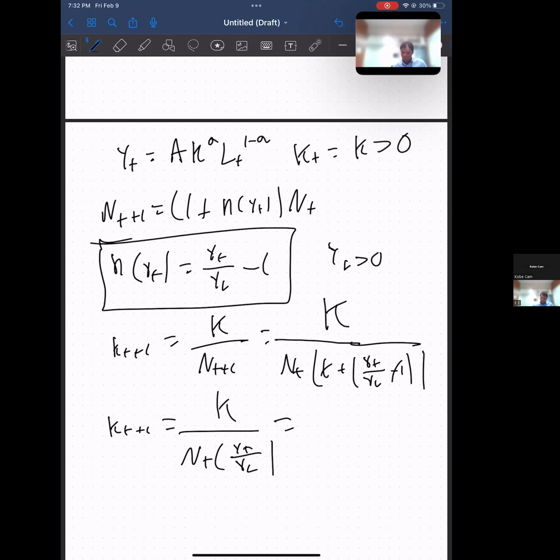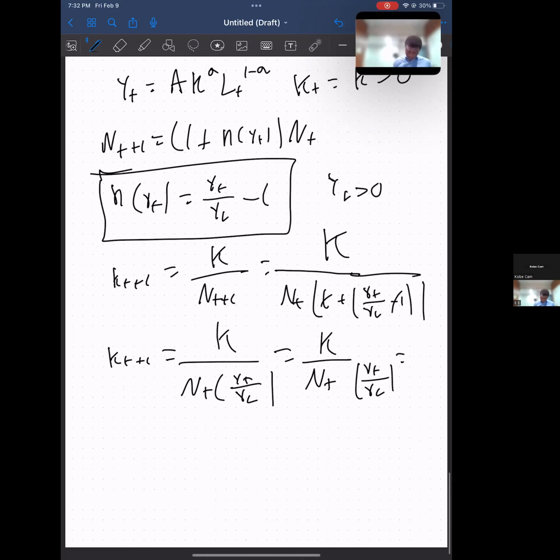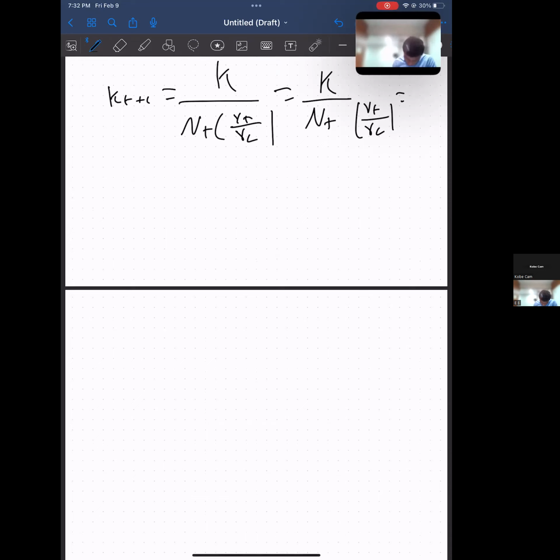Well, yeah, because remember, K divided by n_t is the same thing as per capita, right? So from here, this is just equal to small k_t divided by y_t divided by y_L. And we know from algebra that we can flip the denominator up here.